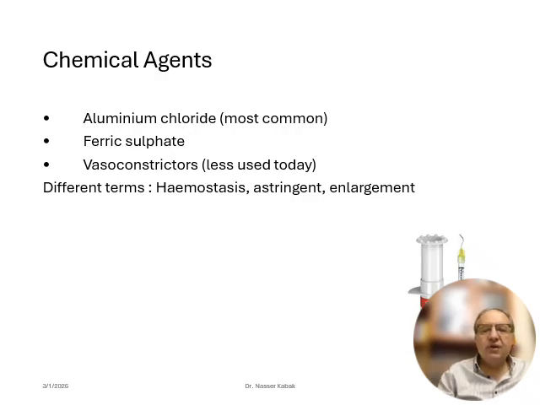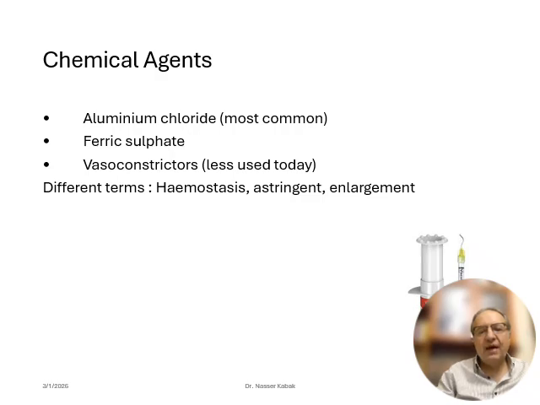So we have different terms in these situations. Haemostasis means that we are stopping the bleeding. Astringent means the constriction of the blood supply that leads to this critical area, and of course the enlargement. So each medicament and each method has its different purpose.